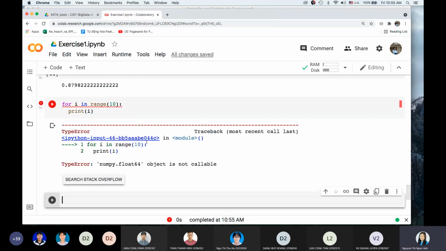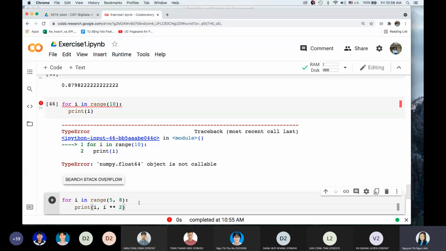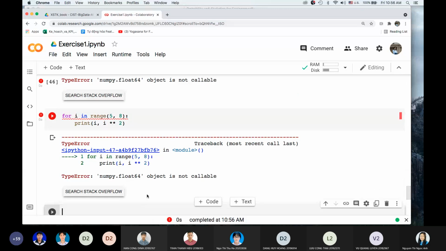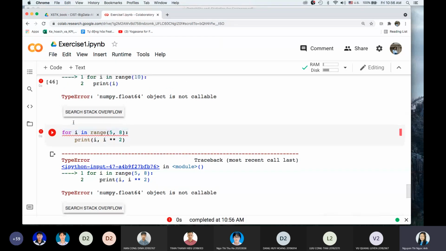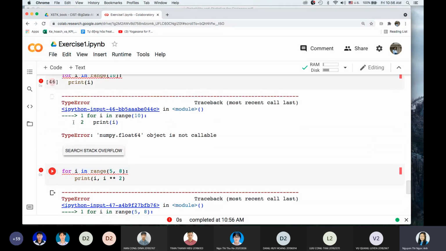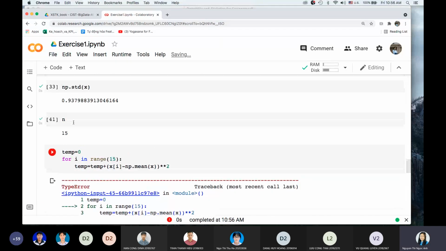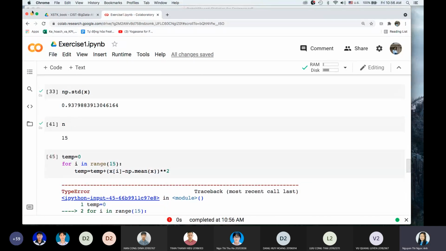So maybe my computer has a problem, right? This is so strange. It's so strange. Maybe in the future I will fix this error.